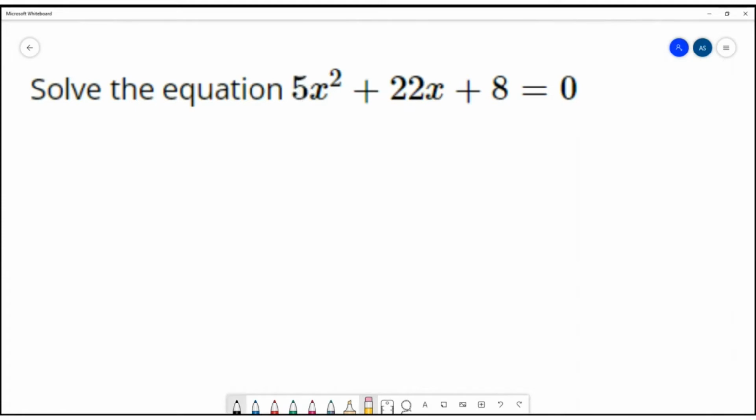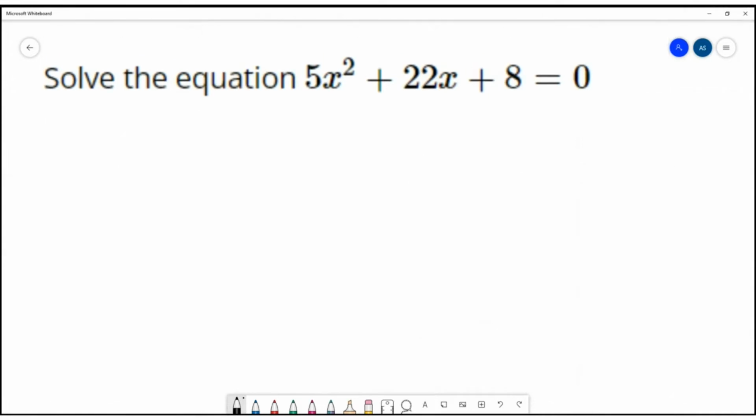So there are many different methods that you can use to solve this. I'm going to use a method that involves grouping, and it can go by a bunch of different names. It starts off by doing a little bit of work on the side.